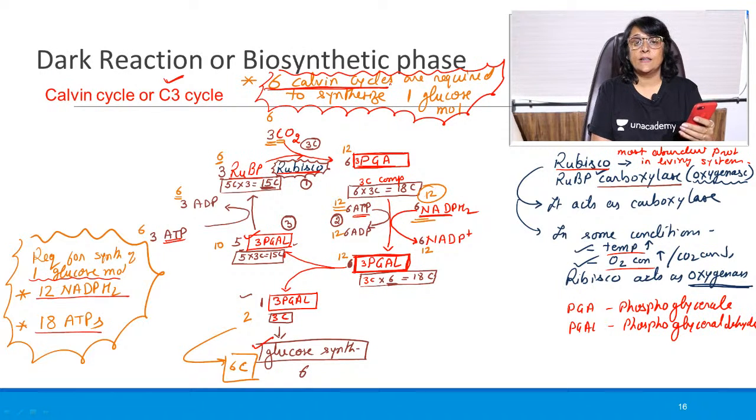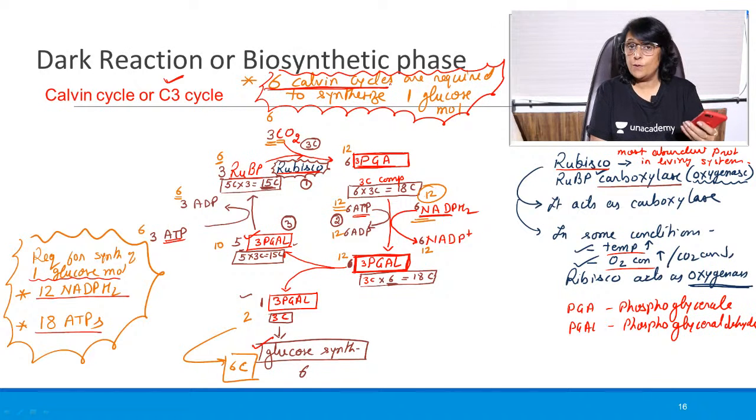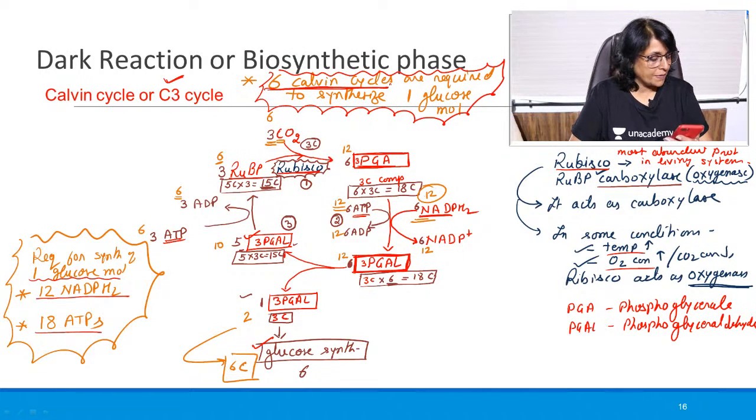So with this dark reaction, actually photosynthesis is completed. Photosynthesis is when plants use carbon dioxide and water to synthesize their own food in the form of carbohydrate, and oxygen is given out as a byproduct. That is our process of photosynthesis.